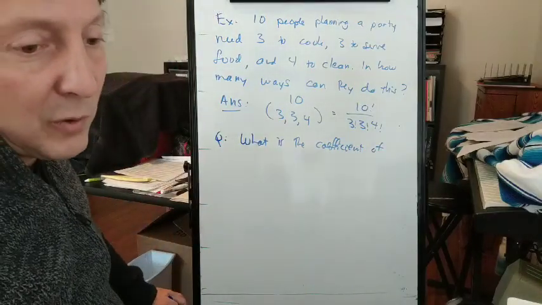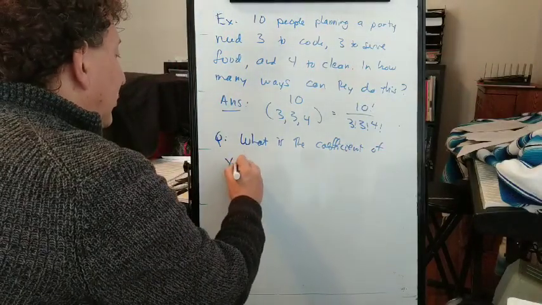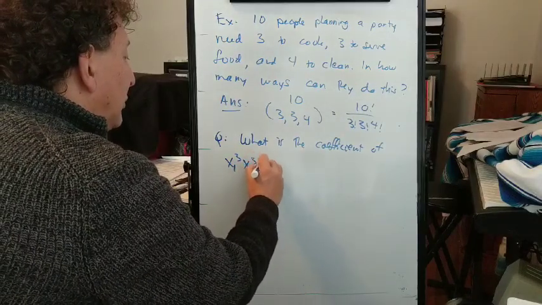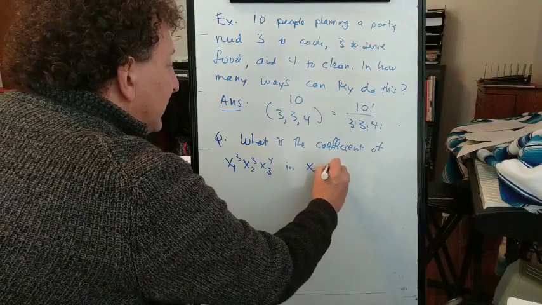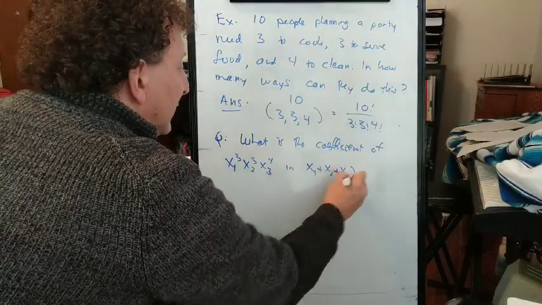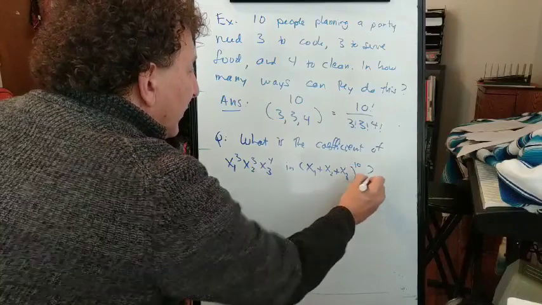So let's ask, what is the coefficient of x1 cubed, x2 cubed, x3 to the 4th in x1 plus x2 plus x3 to the 10th?